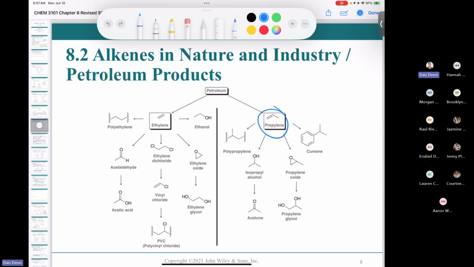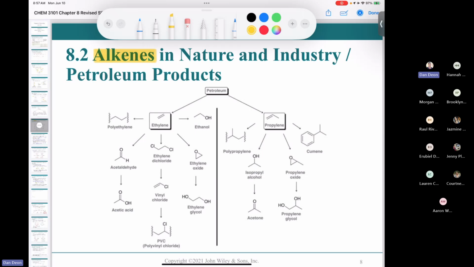And so alkenes are very, very important. So we're going to focus on a lot of reactions in this chapter. The bottom line is when an organic chemist especially sees an alkene, that person is going to say, well, I can do a lot of things with this alkene. There's a lot of different reactions because alkenes are very useful functional groups.